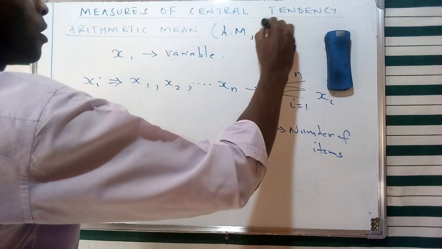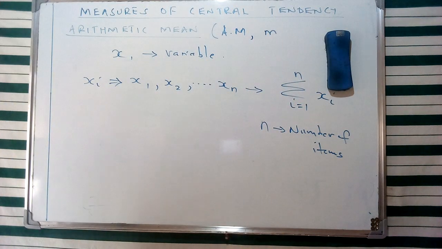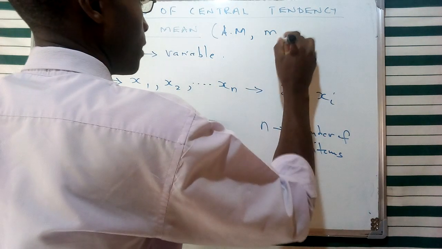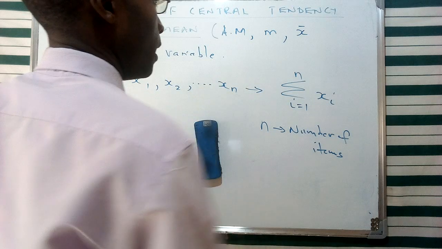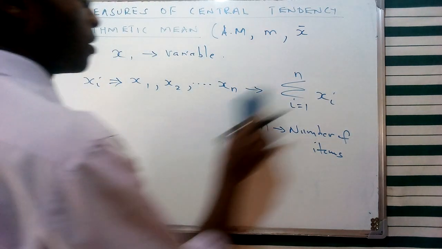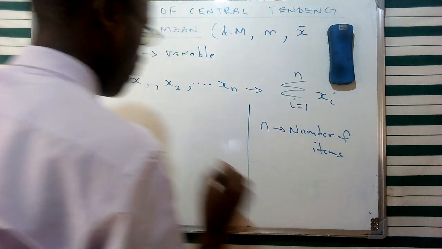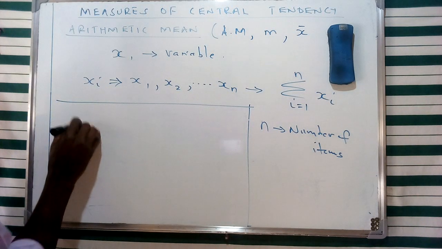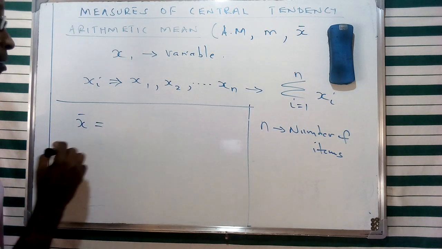In some cases, we're going to use this specific initial m, and in other cases as well, we're going to use an x with a bar implying the concept of the arithmetic mean.